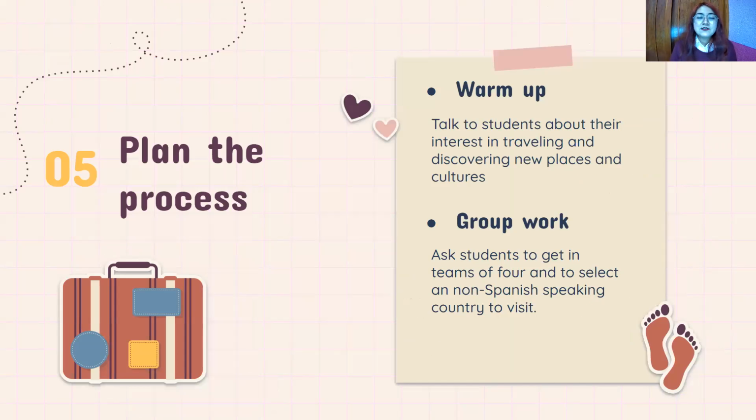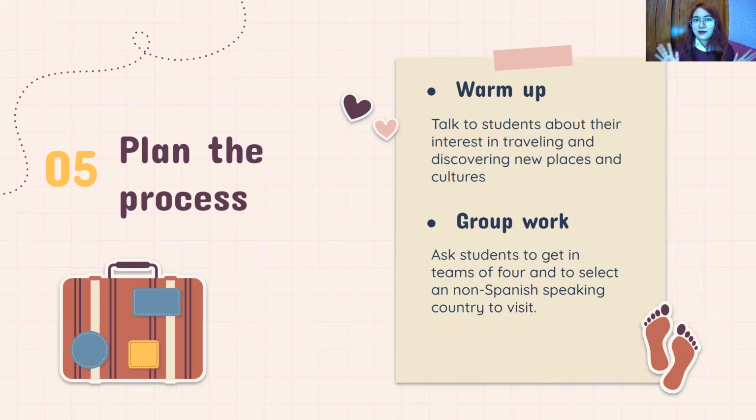Now, the fifth is to plan a process. First, the warm-up. These students are usually interested in other cultures and traveling, and since they are in this 4th and 5th semester, they haven't been eligible to apply for a scholarship or an exchange.